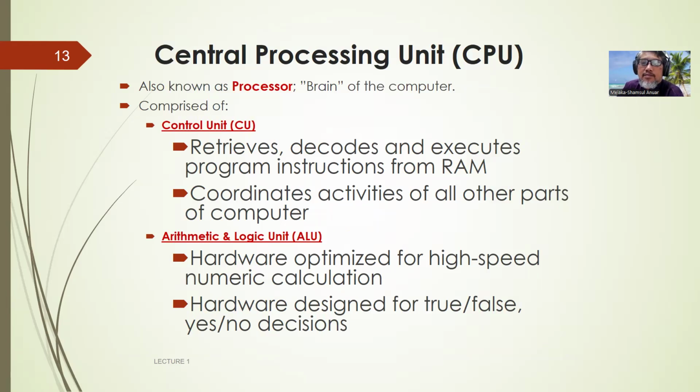The central processing unit, the CPU, is the brain of the computer, or shortly known as the processor. This also keeps on improving. The CU, control unit, retrieves, decodes, and executes program instructions from RAM.